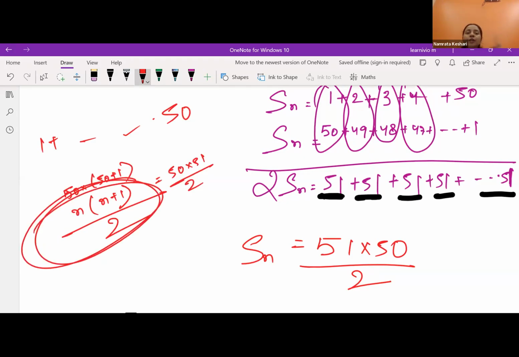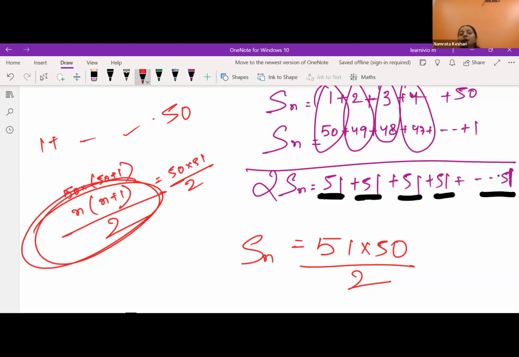If you want to add from 1 to 20, then you can use this formula. If you want to add from 1 to 50, you can use this formula. If you want to add from 1 to 1000, you can use this formula.